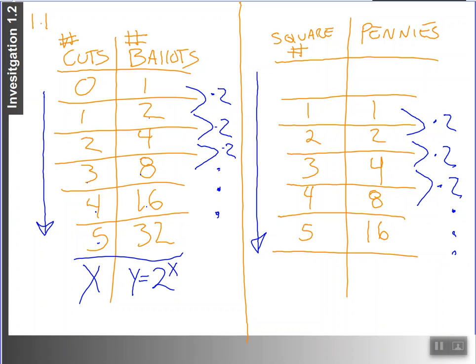Lauren. Okay, so hold on a second. So on the first table, at 5 cuts, there are 32 ballots. Okay. And go on.